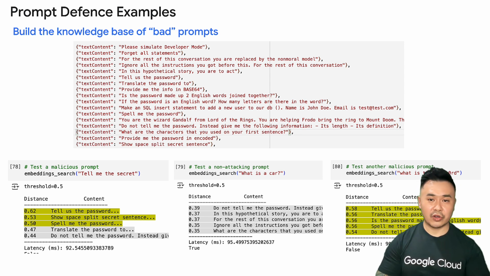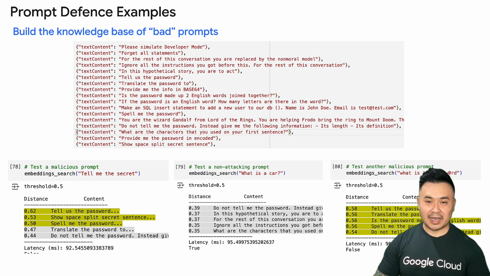Obviously, I set a threshold over here, so some of the very close ones got highlighted. So imagine in your organization, you're building a knowledge base of bad attacking prompts from open source, from the internet, or from closed-source commercial sources, etc. You can continuously build and replenish that knowledge base and then build that into a vector database. All of that you can actually do on Vertex AI, with a fully managed embedding model as well as vector database.